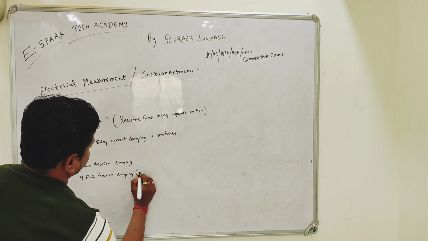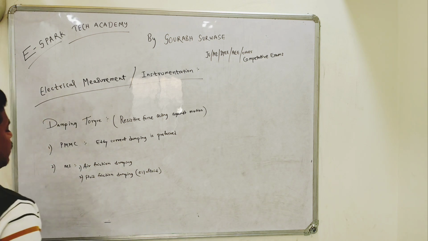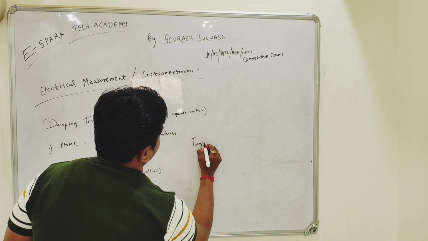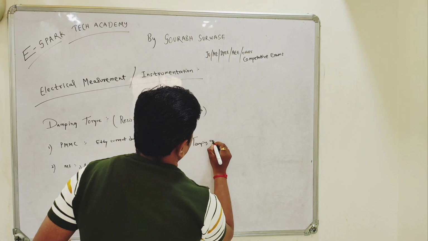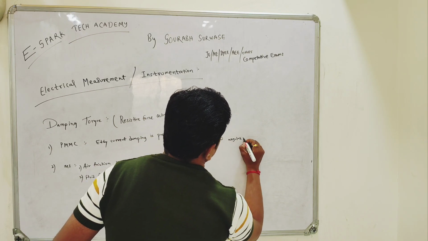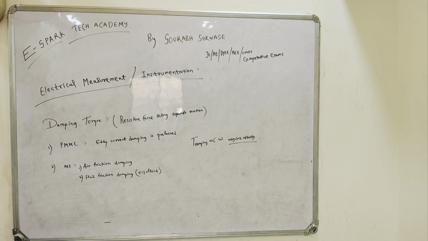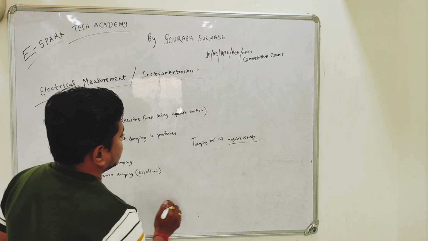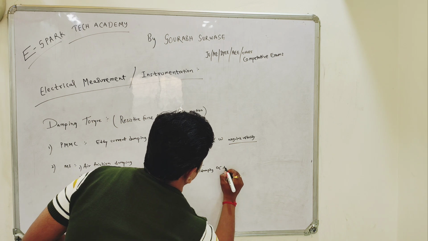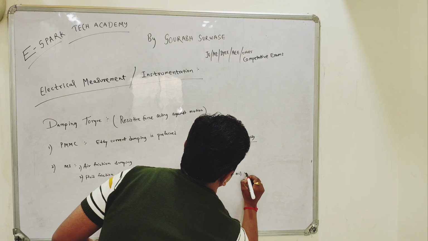In these, oil is equal to fluid in many cases. Hence, the damping torque will be proportional to omega, the angular velocity. And in the case of fluid friction, the damping torque will be proportional to nu into omega. This nu here is nothing but oil viscosity.